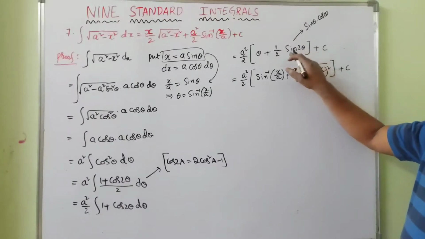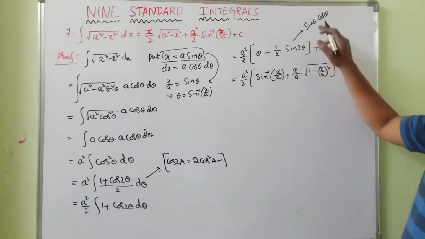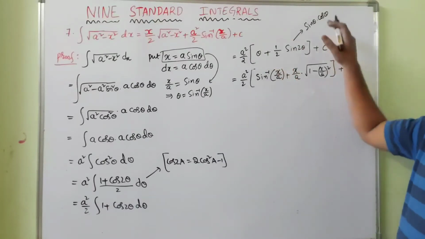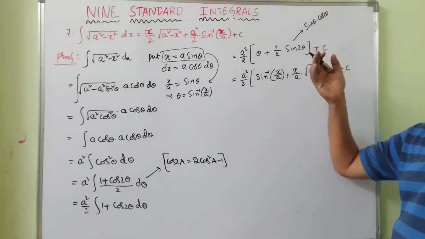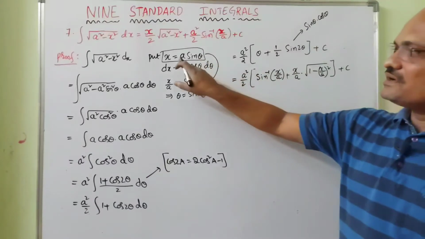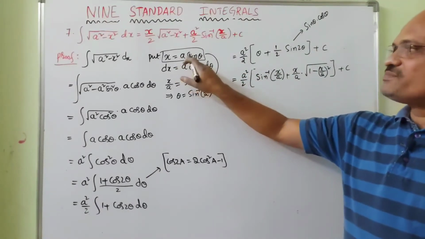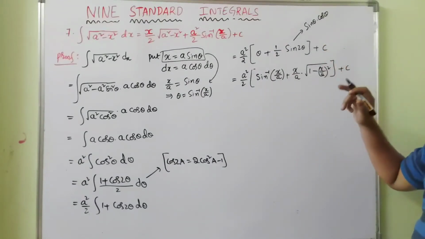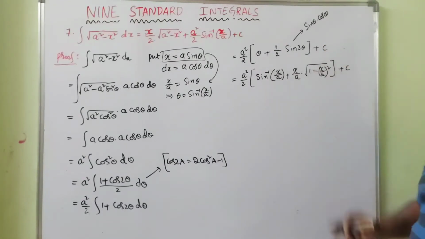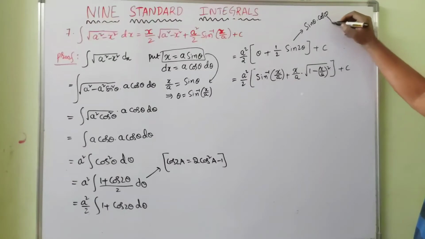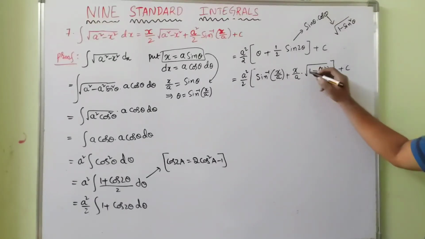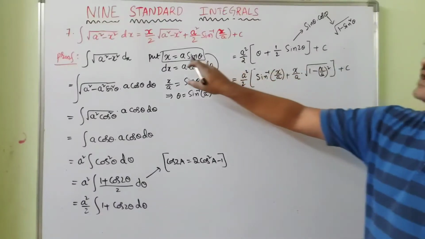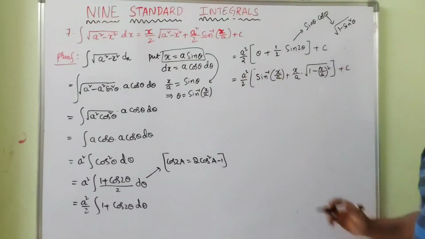Sin theta is x by a. Now cos theta can be written as root of 1 minus sin square theta. What is sin theta? x by a. So x by a whole square.